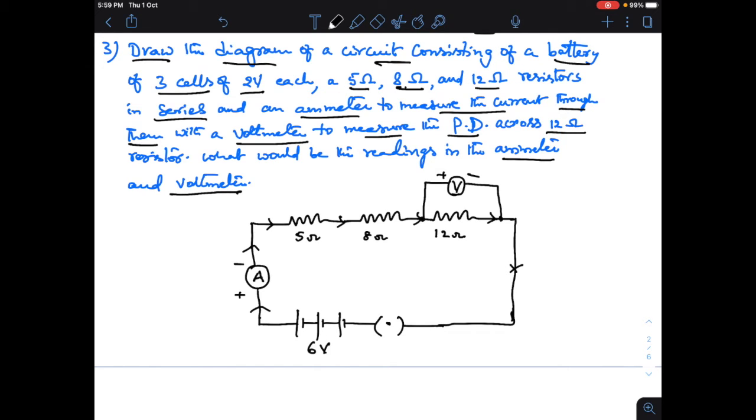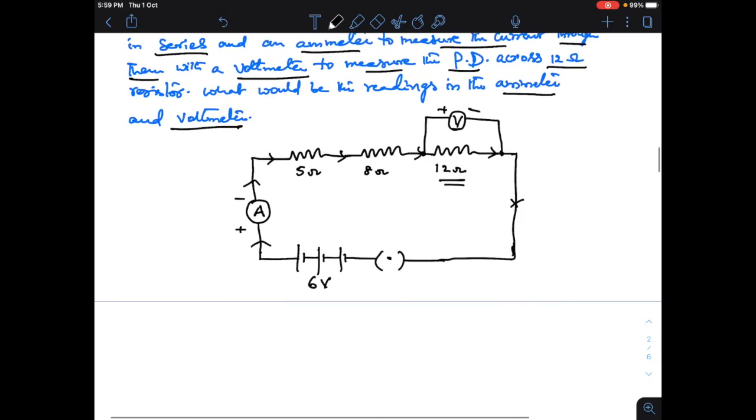Now what is it which we need to calculate? We need to calculate the reading in the ammeter. That means I have to calculate the current flowing through the circuit, and what is the voltmeter reading. That means what is the voltage or potential difference across this 12 ohms resistor. Now these are in series.